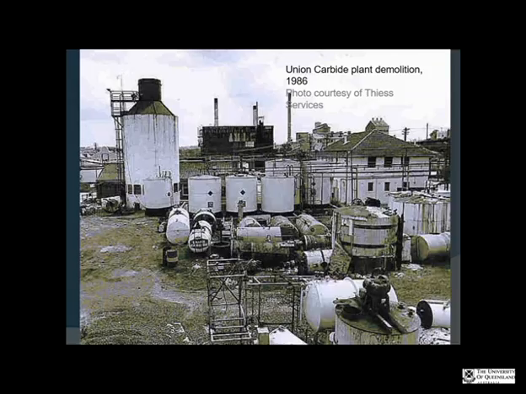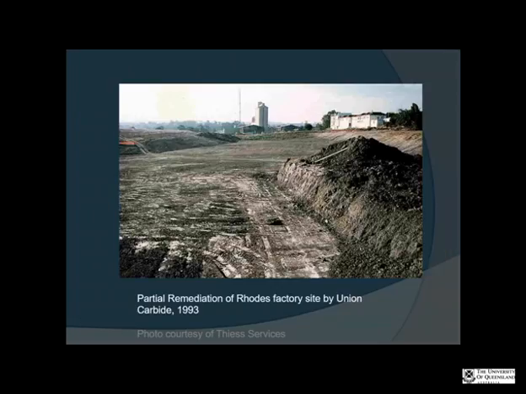None of this was done using, if you like, modern standards of what we would call decommissioning, remediation. And it left a very, very expensive bill for the government to pick up when they finally made a decision on how they were going to remediate the site. This is what I was talking about with the partial remediation. So they just covered up some of the soil, bought new topsoil and things like that.